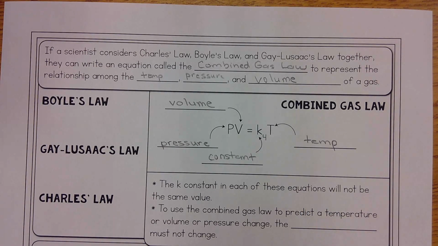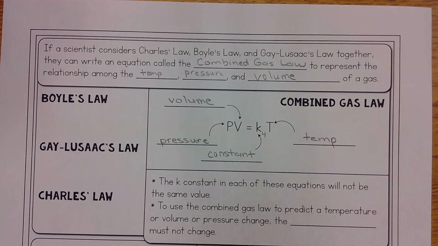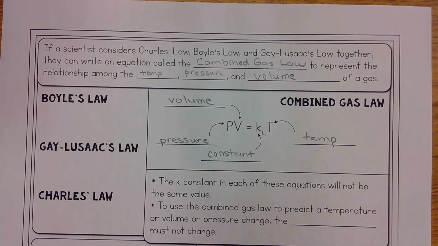But it works for every circle no matter what, always. So that's why this is called a constant, because it's constant and it relates the volume, pressure, and temperature of a gas together, no matter what.